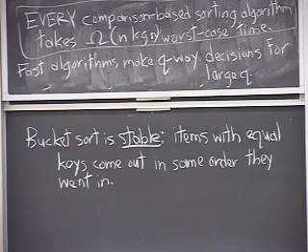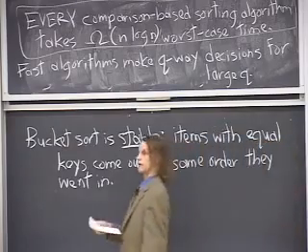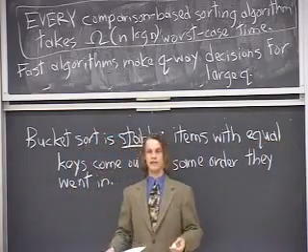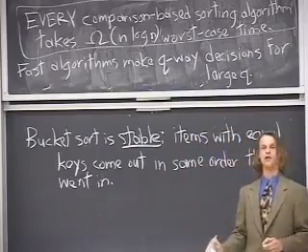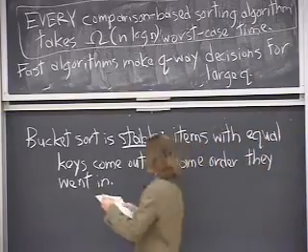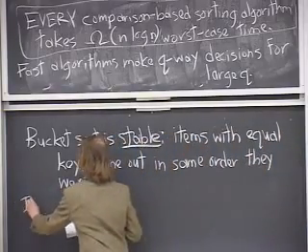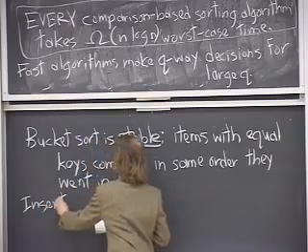Now, of the sorts that we've looked at so far, a lot of them are stable, at least if you implement them right. It really does depend a lot on the details of how you implement them, but insertion, selection, and merge sort can all be made stable pretty easily.